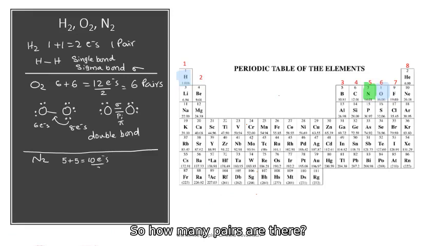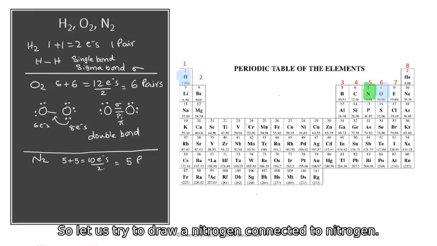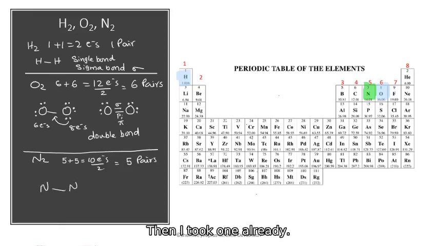So how many pairs are there? 5 pairs. Let us draw nitrogen connected to nitrogen, and I took one already. So out of 5, I have 4 left: 2 pairs on this one, 2 pairs on this one.